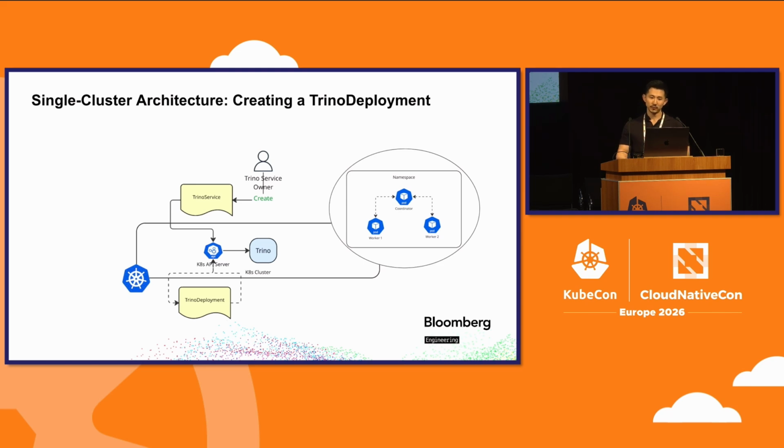The platform operator materializes that into the actual runtime, coordinator, workers, and networking configurations through a lower-level CRD called the Trino deployment. So within our model, the platform owns the deployment complexity, while users interact with a simplified API.